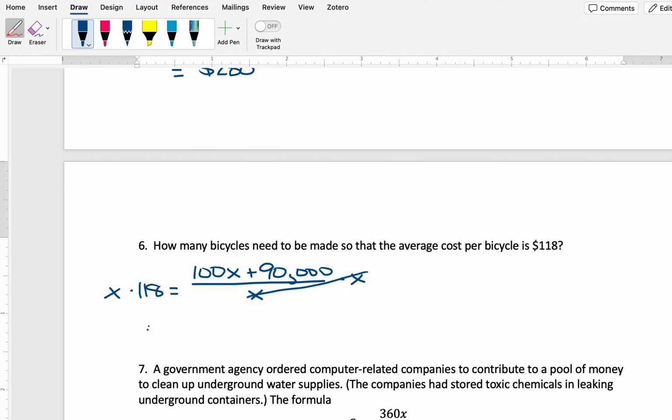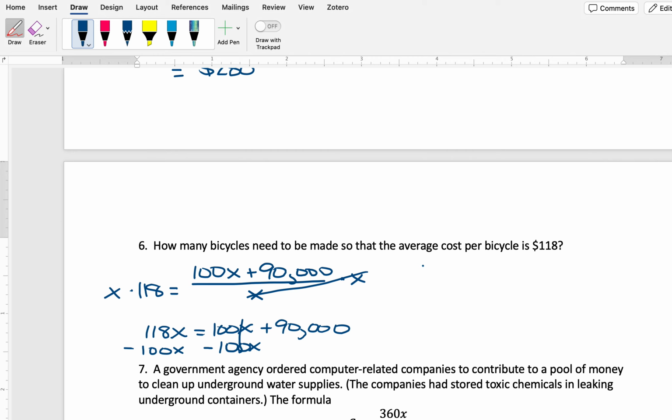So my equation is now 118x equals 100x plus 90,000. Now that I've gotten rid of the fraction, I'm just going to get x by itself. So we'll start with combining the x's by subtracting 100x from both sides.